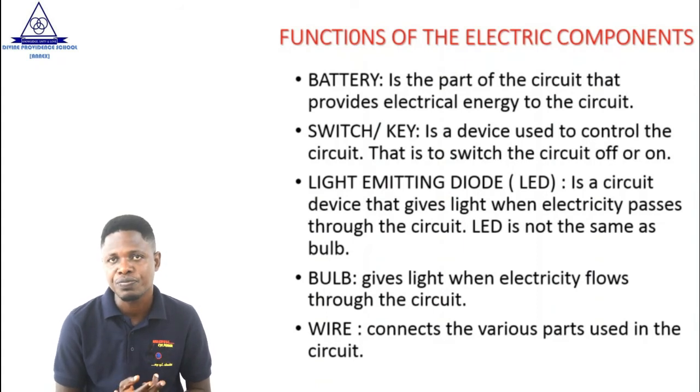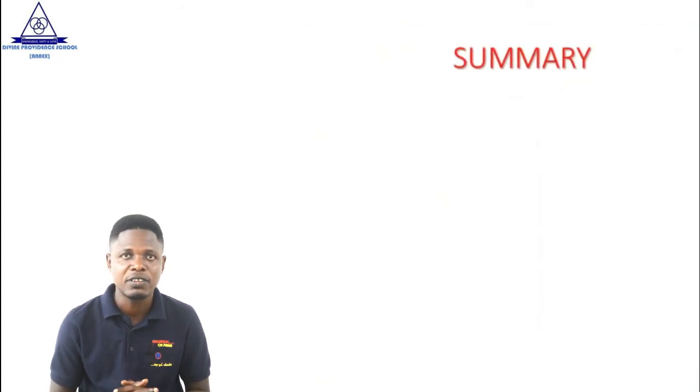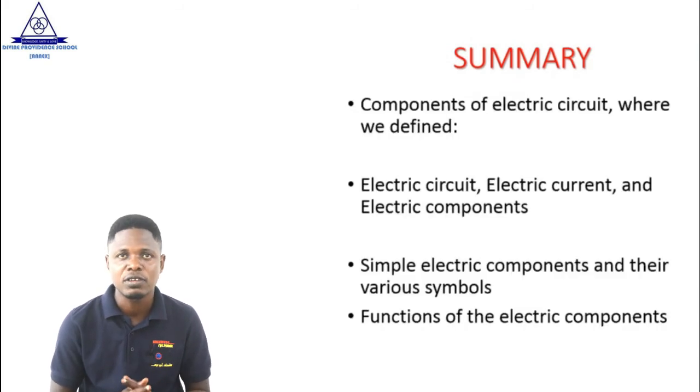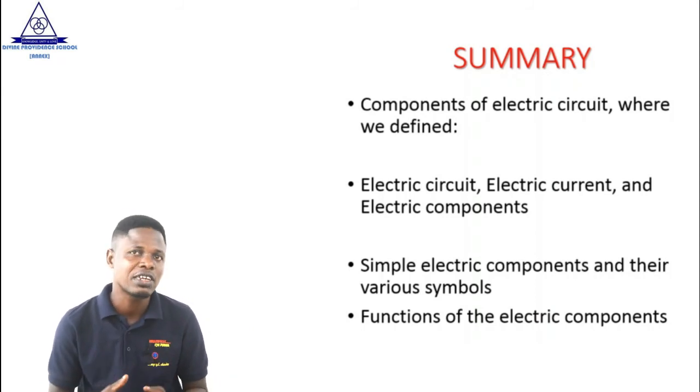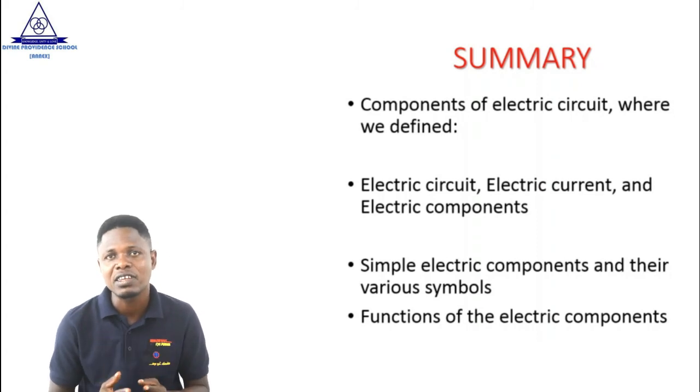Now on this note, we end our lesson here, but I have to summarize whatever we learned so that it remains with you. First of all, we looked at the component of electric circuit, where we defined electric circuit, electric current, and electric component.